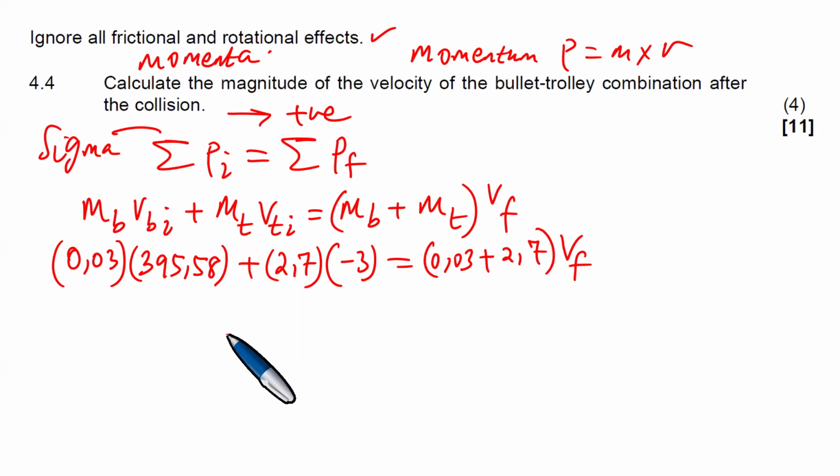And then if you simplify everything here, we need calculators. Nombuso, you have a calculator? Yes, sir. Right, 0.03 times 395.58. What is the answer? 3.7674.